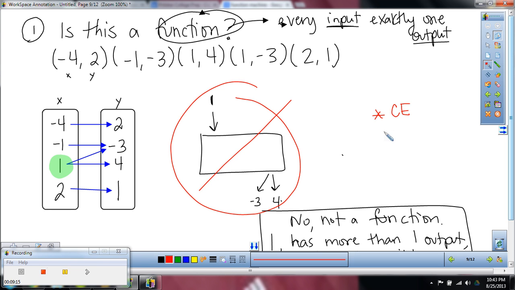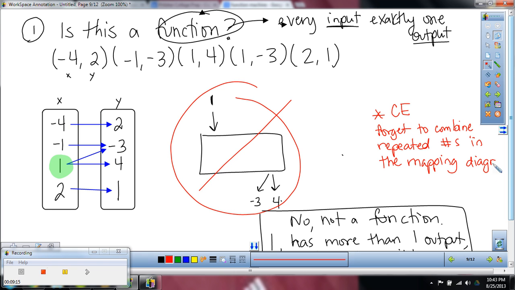So a common error is we forget to combine repeated numbers, right, in the mapping diagram.